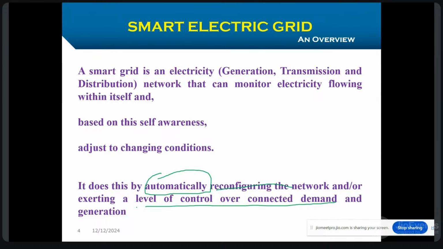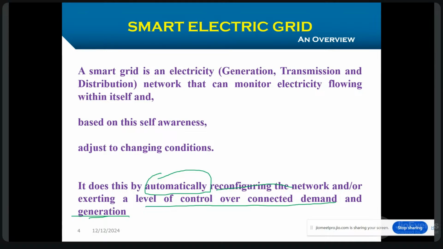And the generation means the smart grid needs to adjust its generation, it may need to adjust its loads, or it may need to adjust its network. Let us say we are reconfiguring the electrical network. We may be adding a few more lines to the system, or we are turning on some of the existing lines, or we may be turning off some of the lines, the transmission lines or the distribution lines.